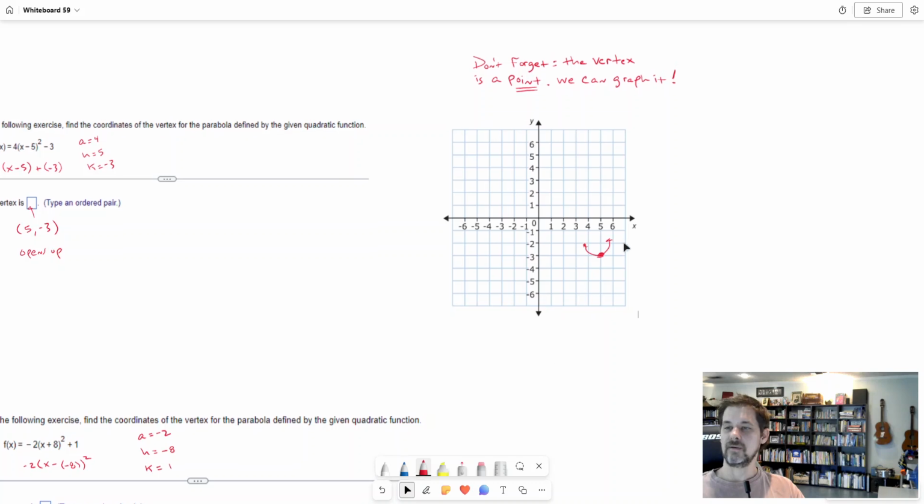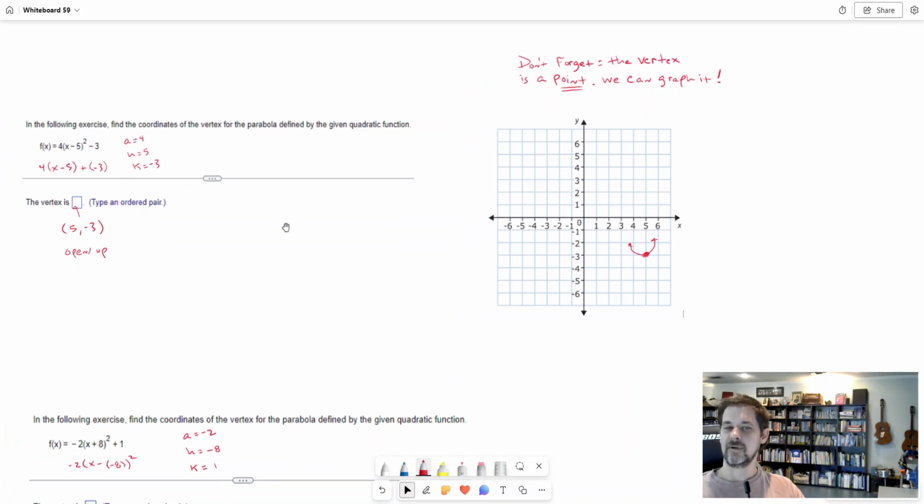Here I made a very sloppy graph where I just put the vertex down and wrote that it would open up, but the graph, if I was to really draw it, would have more details, more points on it, and it would look a lot nicer. But you get the idea. You see how we can get to that point, all starting with knowing how to look at the equation, tell whether it opens up or down, and figure out what the vertex is.